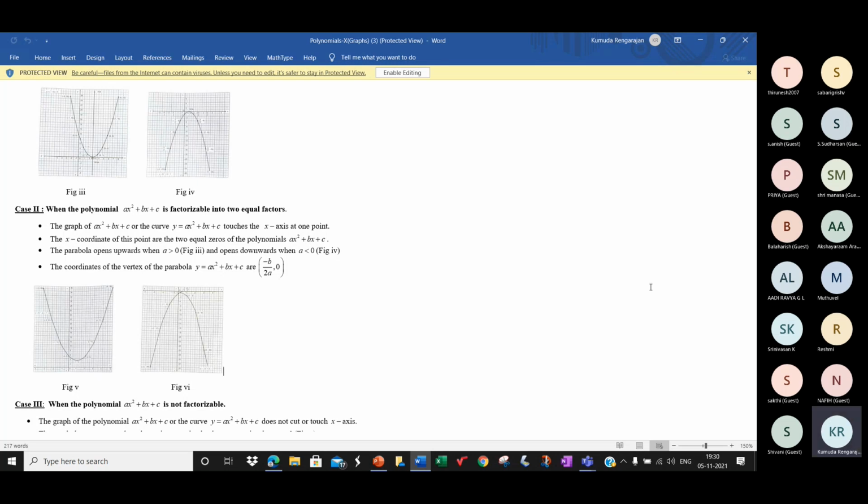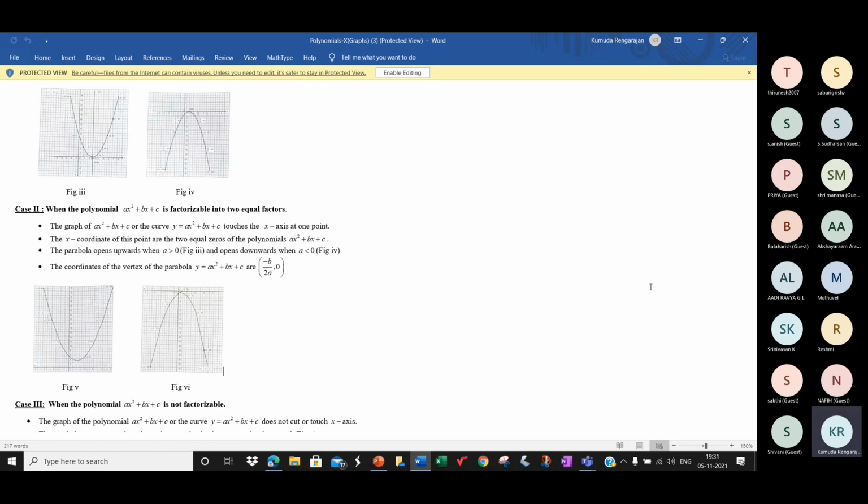When the polynomial is factorizable into 2 equal factors, both same linear factors. It will be linear only because it's a quadratic polynomial, right? So it will be a product of 2 linear factors. So this is the second case.